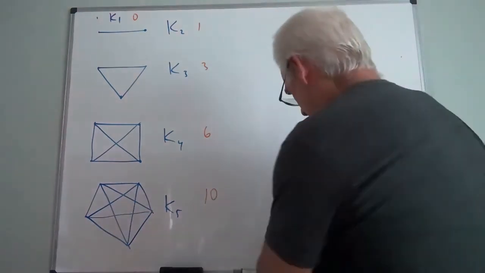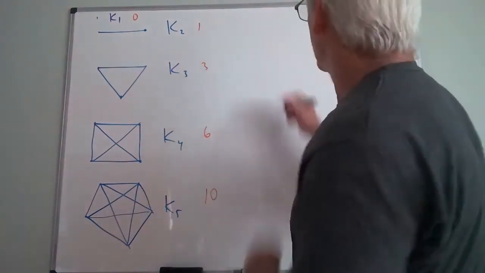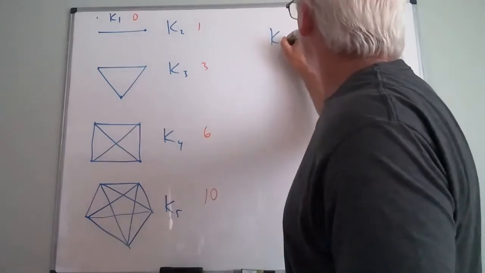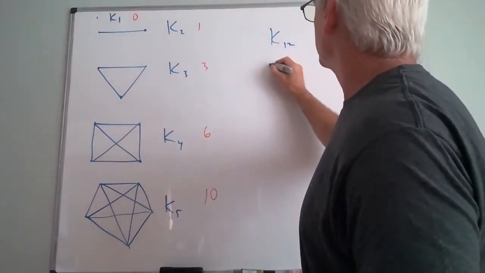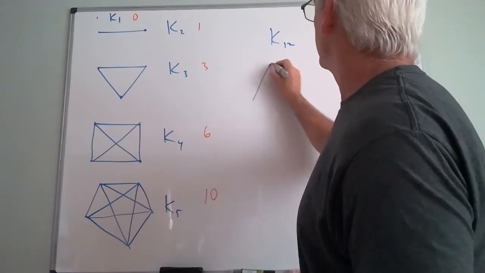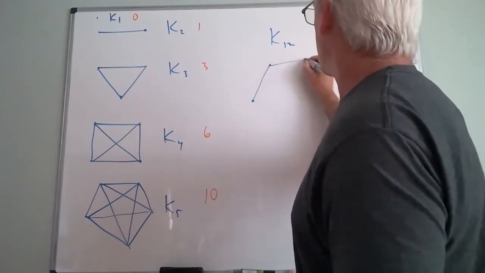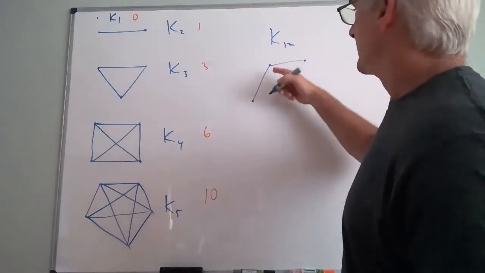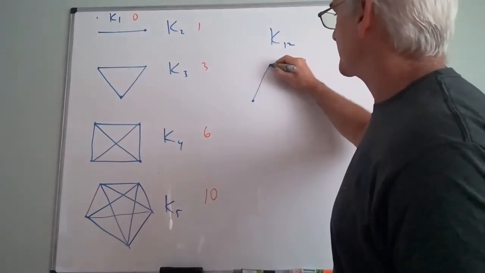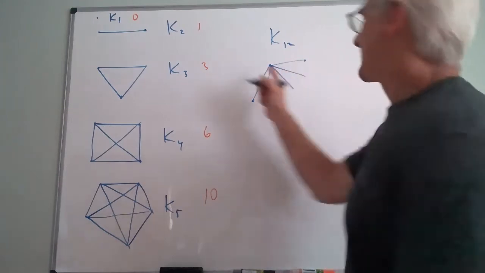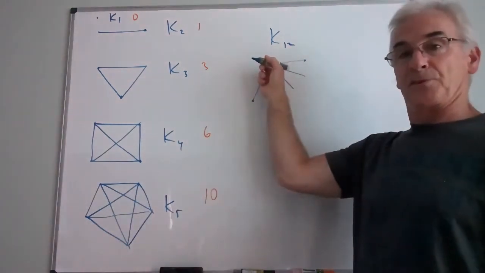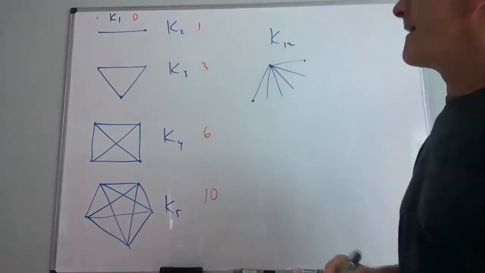What if I said K12? Well, here's a vertex, and I'm going to have 12 vertices. How many edges are leaving this vertex? Anybody want to guess exactly how many edges should be associated with that vertex?